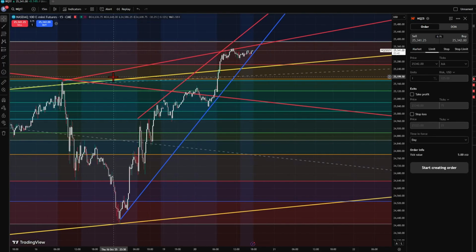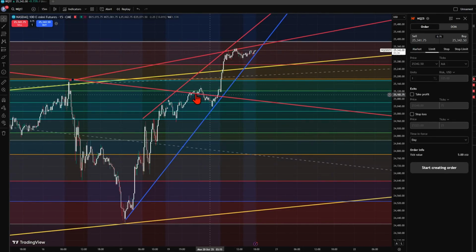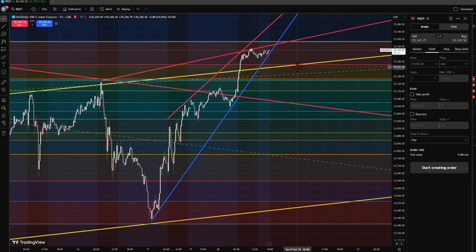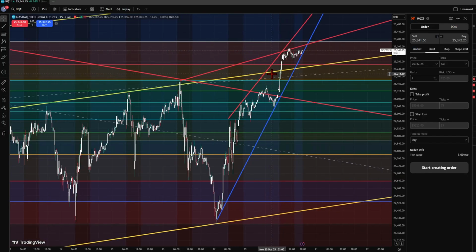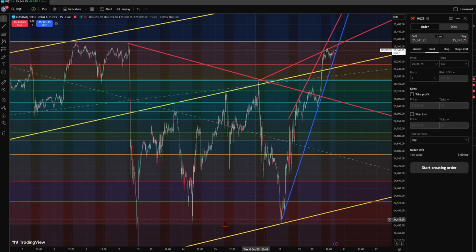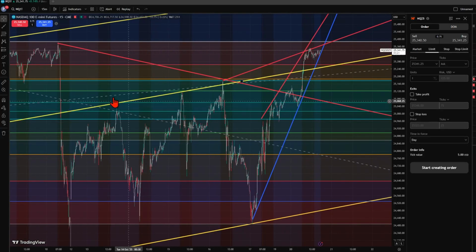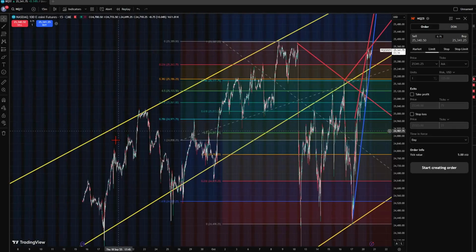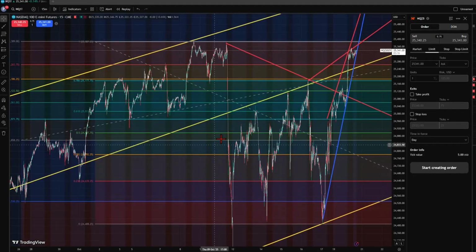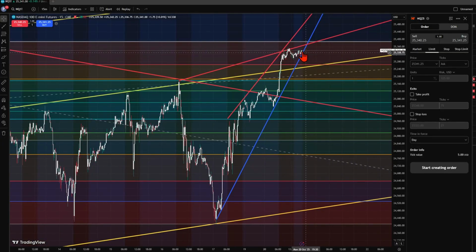So we have our midway major 4-hour trend line, and then we have the smaller trend line. These are harder to break generally. As you can see, it had to touch a few times, come back here. This had to touch a couple times before it actually breaks through. Same thing as we go back. It has to hit it a few times, and then it gets the opportunity to break through. So we're going to do that again here.